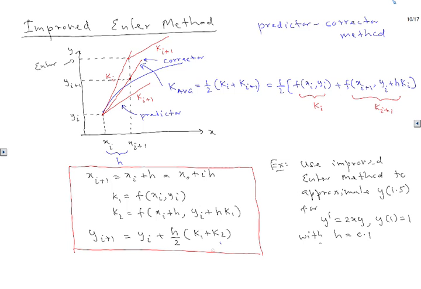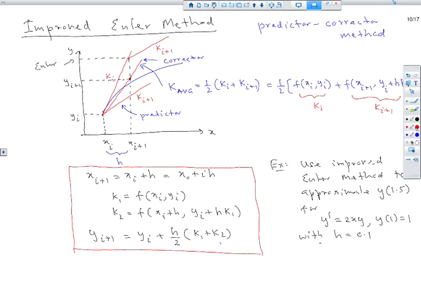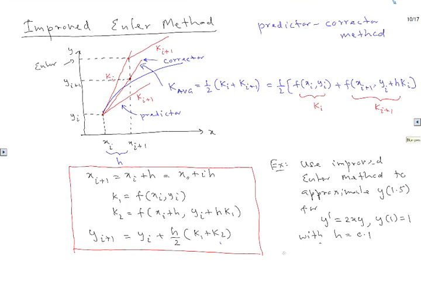If you start with x naught, y naught, you're going to get x1, y1, and then use x1, y1 to calculate x2, y2. Like that. So I'm going to write some steps here. We start with x naught, which is 1, y naught, which is also 1.